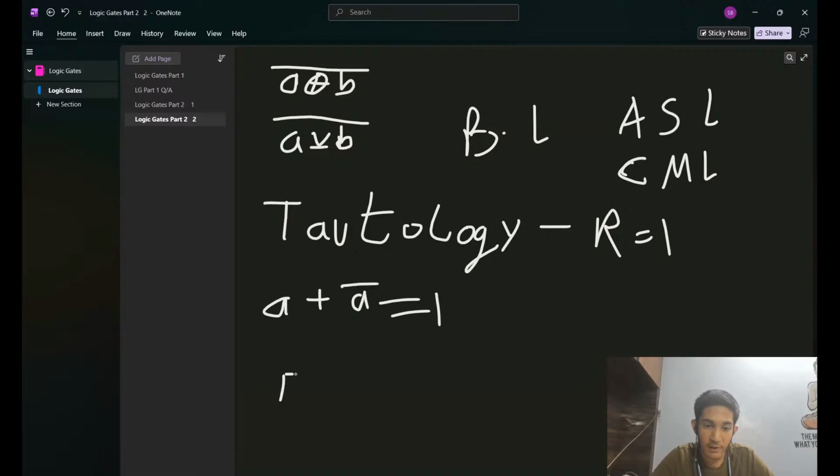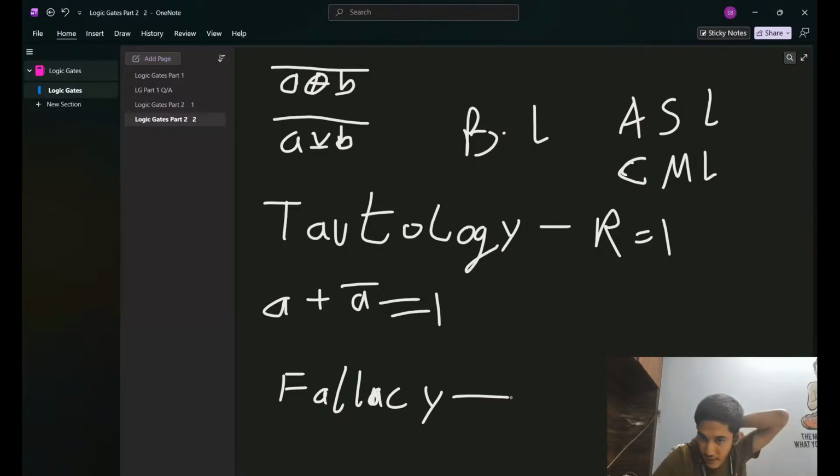Then we also learned a fallacy. What is up with my handwriting with the mouse today? This is a statement that always leads to zero, or is always false, no matter what you do.